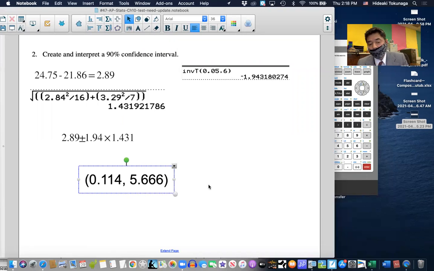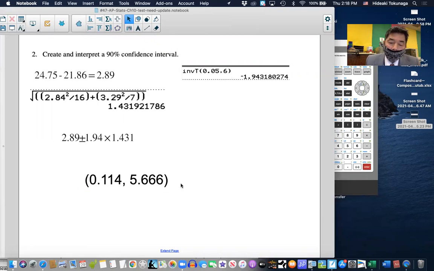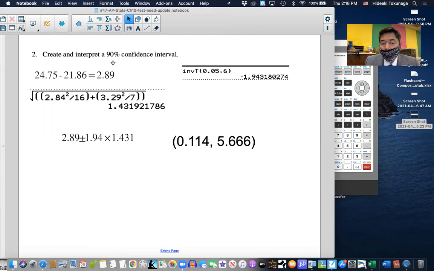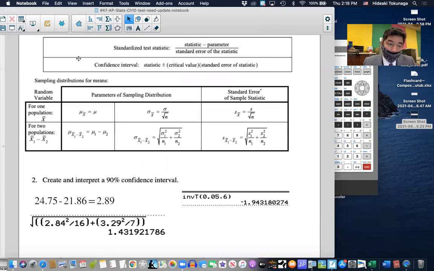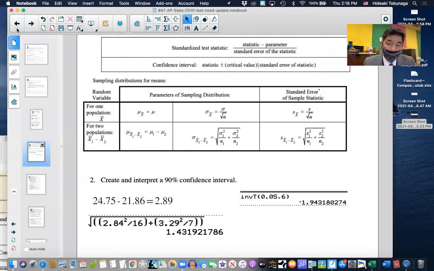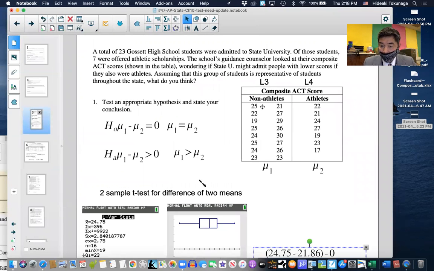So the interpretation is that we are 90% confident that the true mean of the difference between the regular students and athlete scholarship recipients lies in this interval.